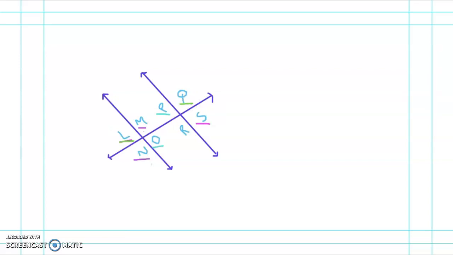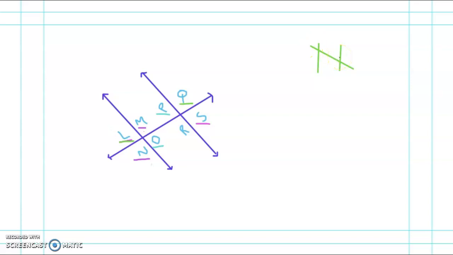If I move the transversal, I'll give you a mini example right here. If we imagine that this is the same as this, just a miniature version, we can move the transversal, but all the alternate exterior angles, all the alternate interior angles, and all the vertical angles and corresponding angles are still going to be congruent.